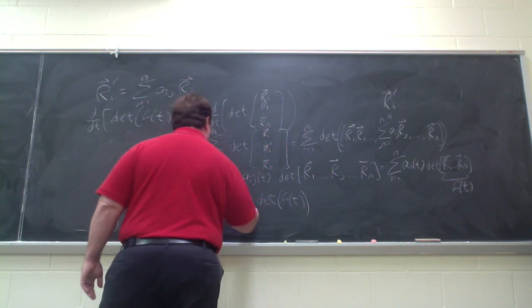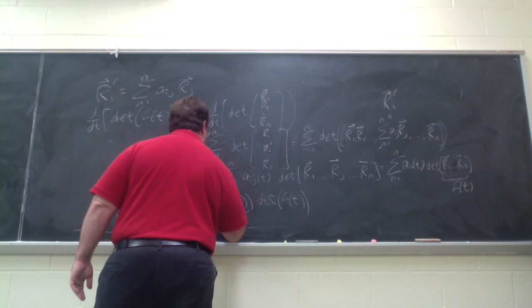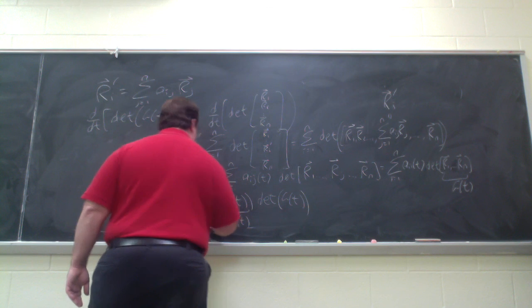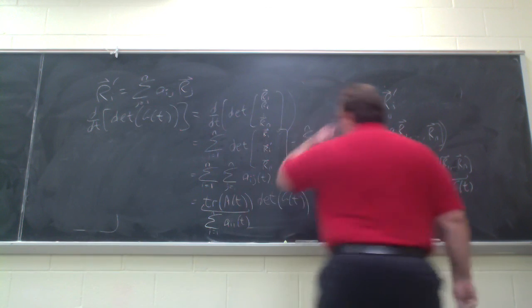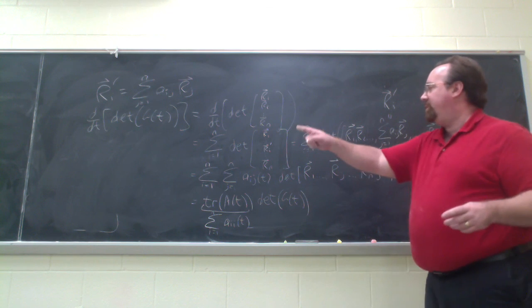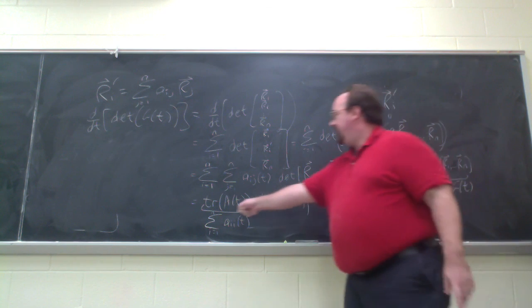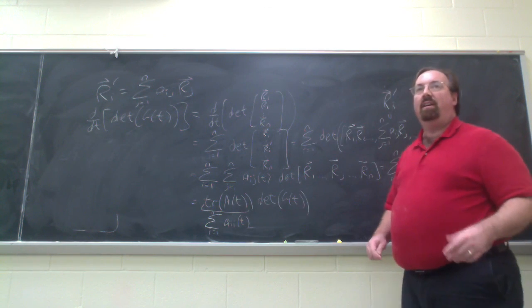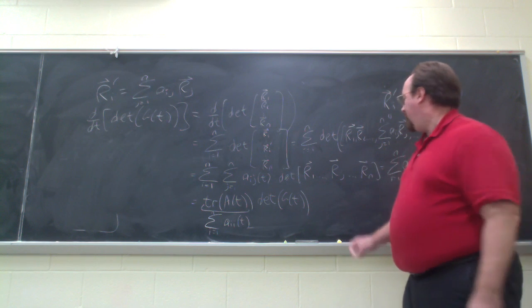And the trace is the sum of all the diagonal entries. That's how the trace is defined. But the derivative is equal to itself times this trace. Well, that's an ODE that can be solved.